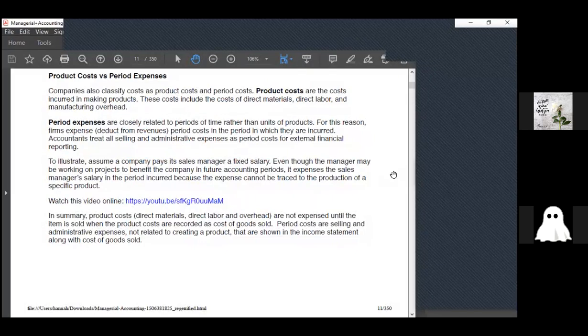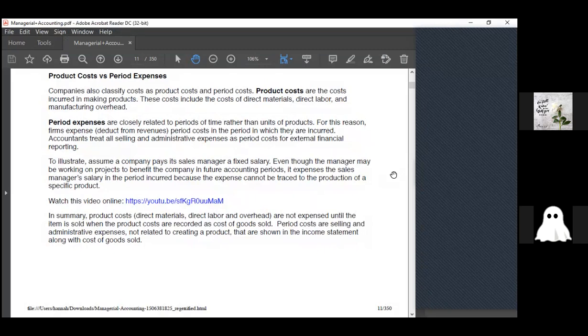Okay, so they differentiate between product and period cost. Product cost, as they said, are something that you can connect with a product. To manufacture 10 t-shirts, I needed one person for one day. So if one person is working one day and makes 10 t-shirts, then I can connect how much labor is required to produce one t-shirt, right?